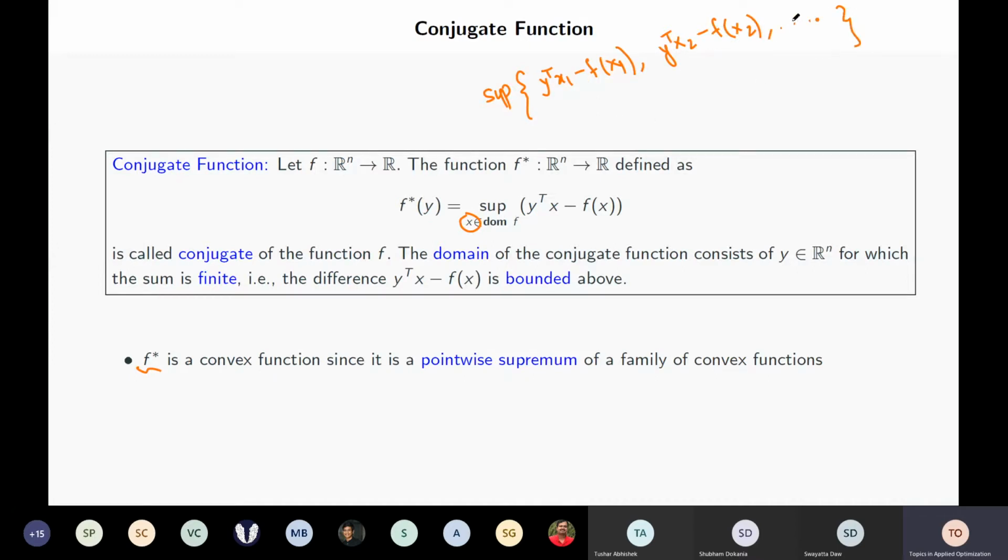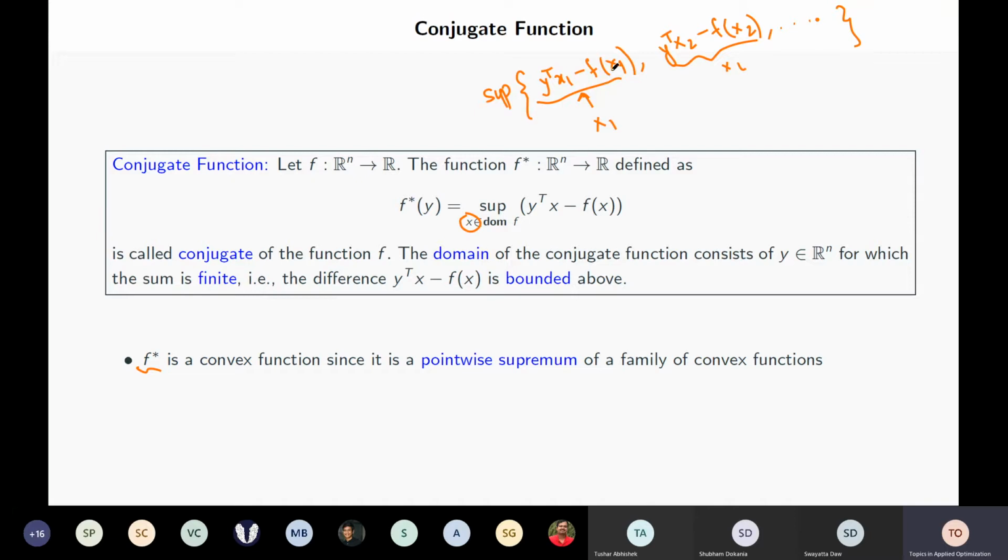As I said, you may not be able to enumerate x1, x2 because the domain may be uncountable, but nevertheless you have to take a supremum over these functions. Here x1 is fixed, here x2 is fixed, and so on, and these are supremum functions.